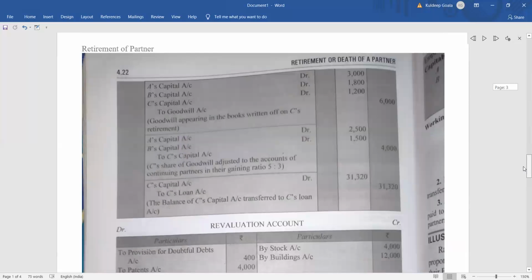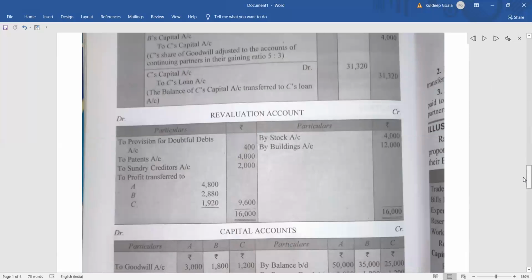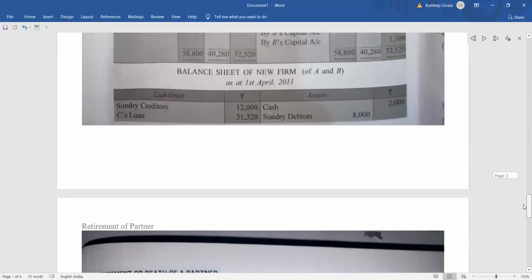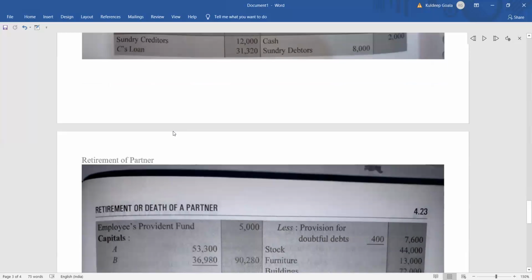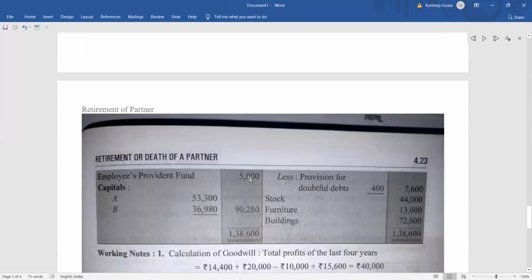That will come before capital. You can see that we are following the liquidity method, that is why it is coming before capital. C's loan account was 31,320, so it will come in the current liabilities before capital. And the employees' provident fund of 5,000 will come here, okay? Now at last we'll see the capital balance.